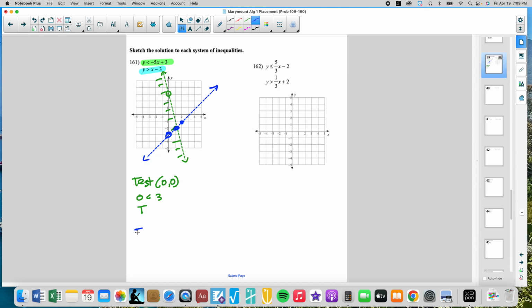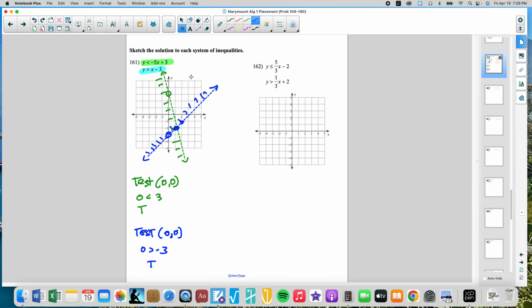I'm going to test 0, 0 for the blue equation. So 0 greater than -3. Sorry, that's true. 0 is greater than -3. So that's going to shade in this direction towards that point.